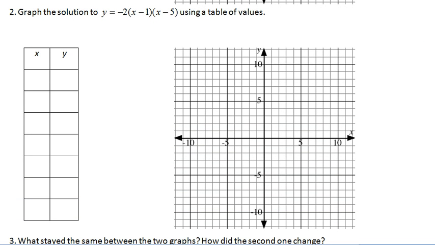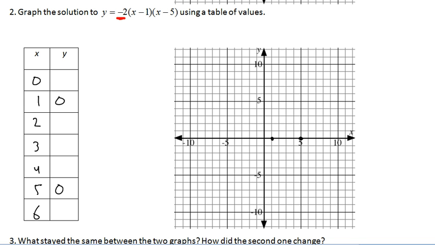Okay, notice this one's exactly the same except for we've got a negative 2 here. So we know our x-intercepts are still 1 and 5. And let's do the same table. And we know that's going to be a 0 and that's going to be 0. This time if I throw in 0, I'll have negative 1 times negative 5, which is 5.